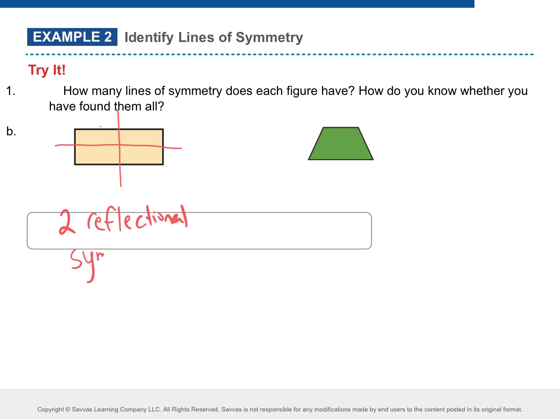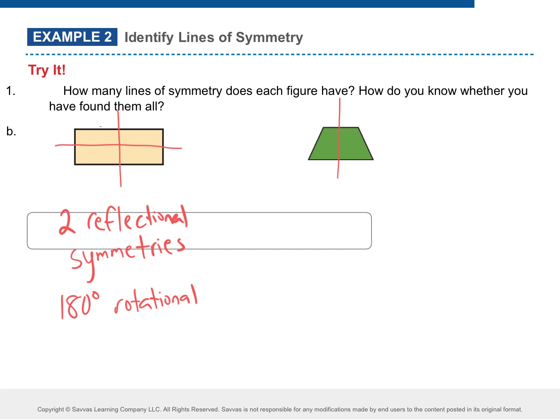What was the next one we had to check? Rotational. Do I have any rotational symmetry? How many? 180 degrees rotational. Yep. Good. What about 2B? 1 reflection. Where? Down the middle. Why can I not count this horizontal line? Right. There are different side lengths up here.